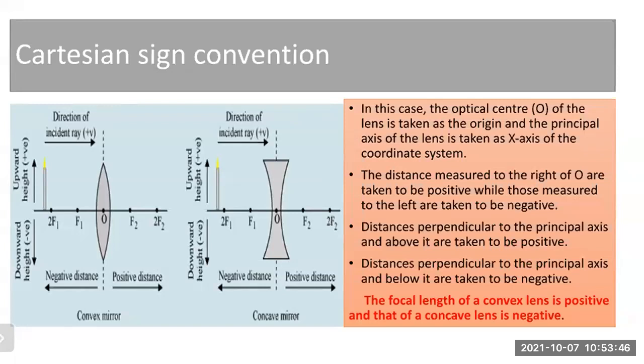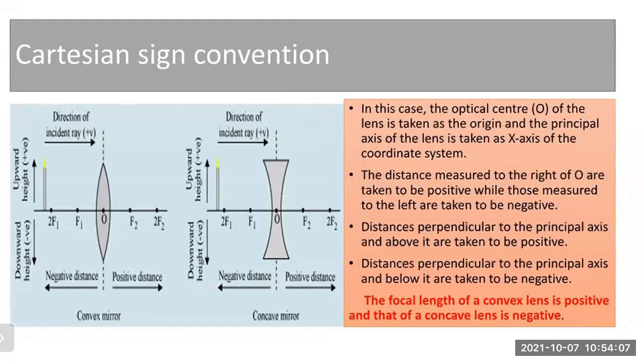Then remember one thing: the object is always placed on the left of the lens, and all distances parallel to the principal axis are measured from the optical center.